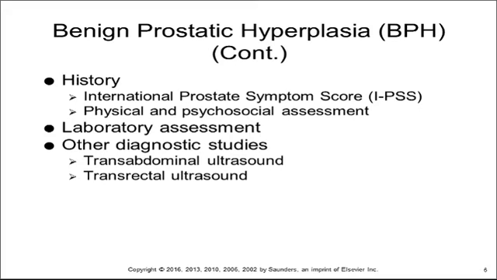Everything is numbered from 1 to 5, and that specific score is added up from 1 to 35, with 1 to 7 being mild and 20 to 35 being a pretty severe case of BPH.